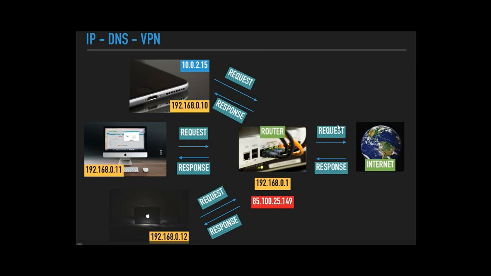So how does the network work? Your device sends a request to the router, and the router as well sends the request to the internet. The internet sends a response back to the router, and the router delivers the response to your device. The way the hackers work is to make sure they gain access to your public IP.